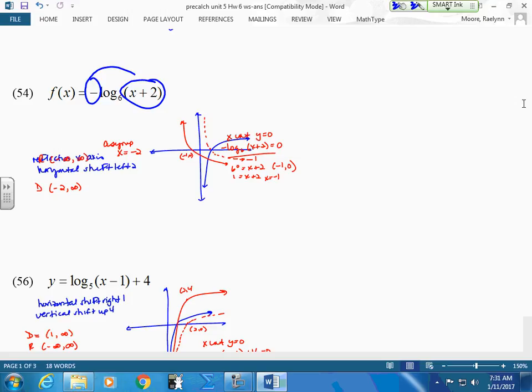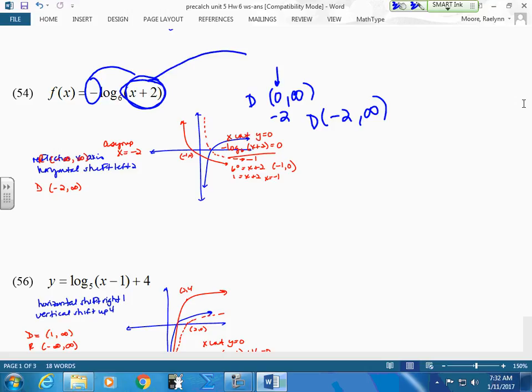Okay. Remember, our domain is going to change with the horizontal shift. So if your domain said this, and you shifted over negative 2, your new domain should say this. Another way algebraically to do that, and we talked about this the other day, is to take this, and your domain is supposed to say greater than 0, right?